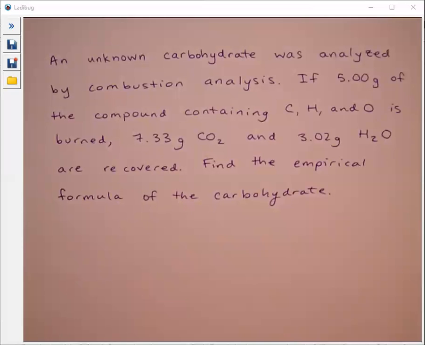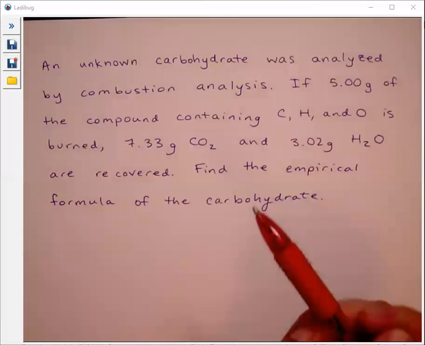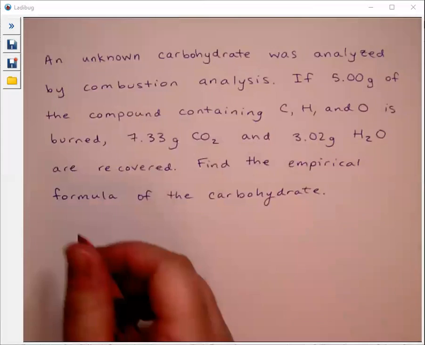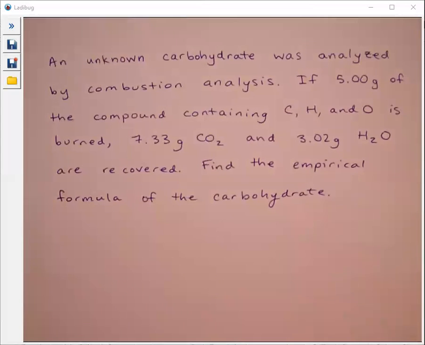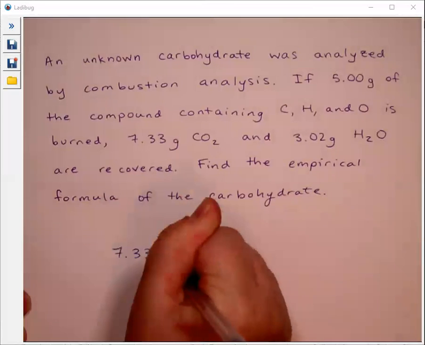Now, the first thing we're going to do is start by determining how much carbon and hydrogen there are, because remember in this combustion reaction, all of the carbon from the unknown goes into carbon dioxide. So we're going to set up two equations to figure out these things.